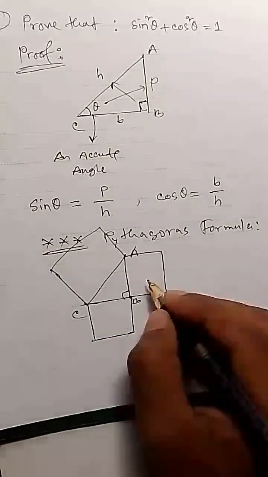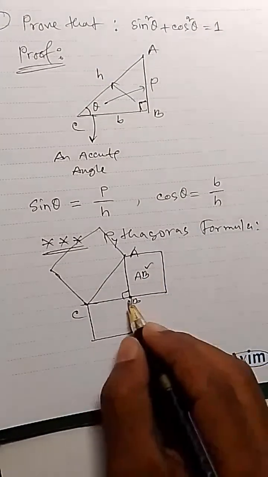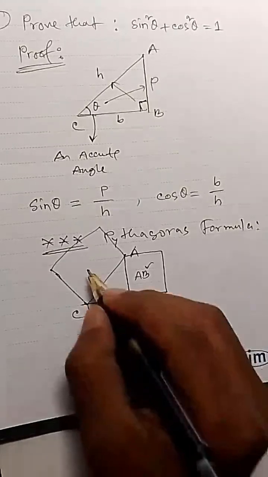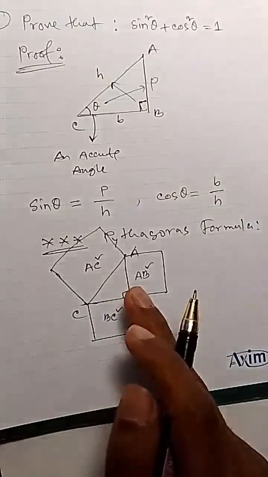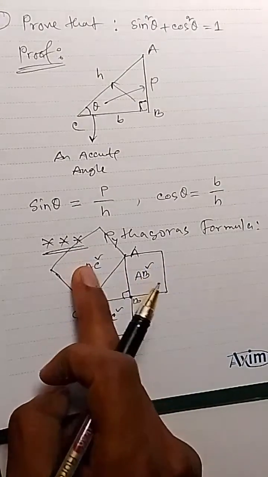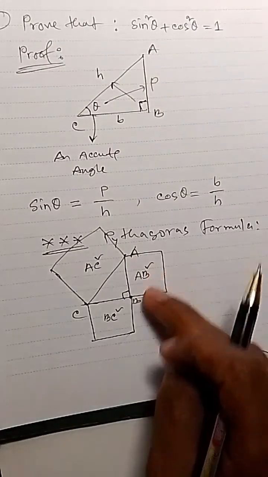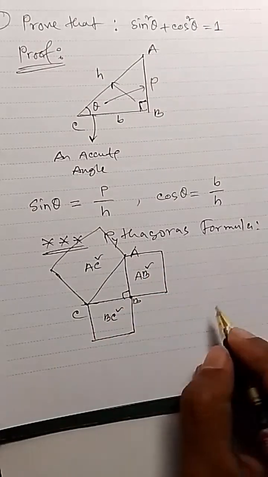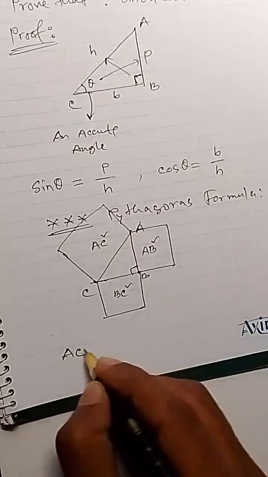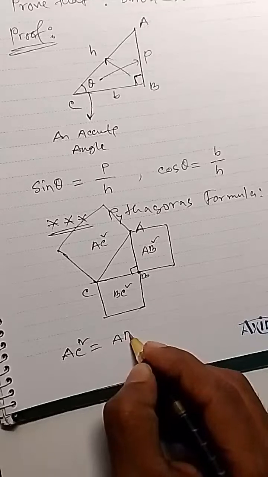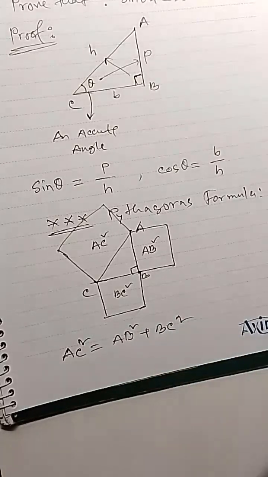Okay, so here this one is AB square, this one is BC square, and this one is AC square. So Pythagoras said that this area is equal to the summation of these two, AB square plus BC square. Okay, so AC square is equal to AB square plus BC square.